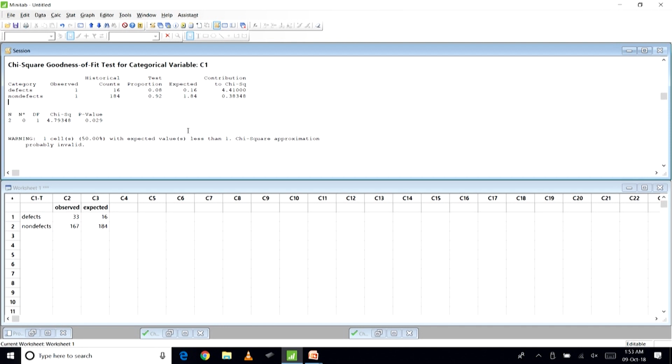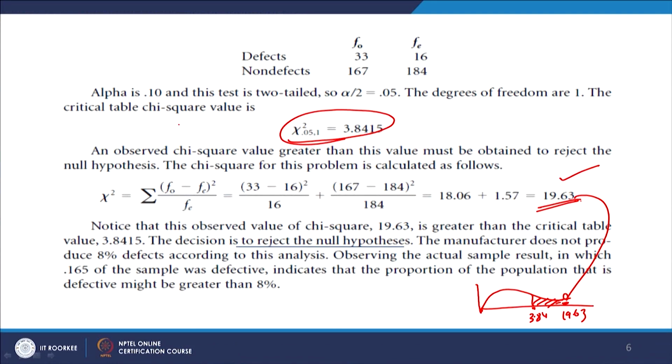If you look at the p value, it is 0.02. So, the p value is 0.02 and alpha is 0.01. Is p less than alpha? No. So, we will not reject the null hypothesis according to this.